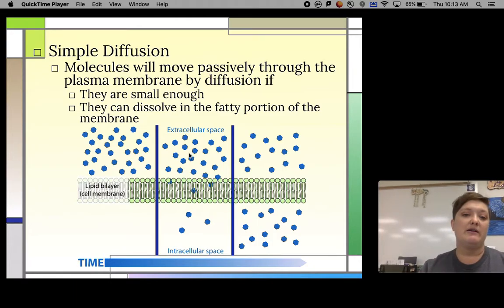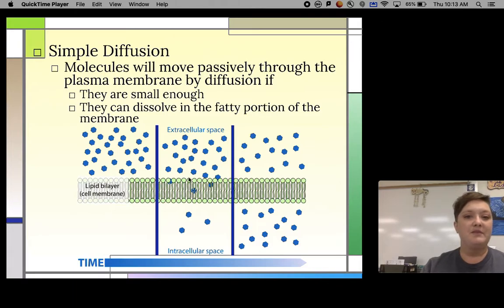But something small like oxygen, O2, that's two little atoms. That can do that, no problem. So it's going to diffuse between here. So one, it has to be small enough, and two, it has to deal with this fatty portion. Because remember, this is your lipid bilayer. So remember these fatty tails pointing towards each other. Not everything likes those lipids, right?